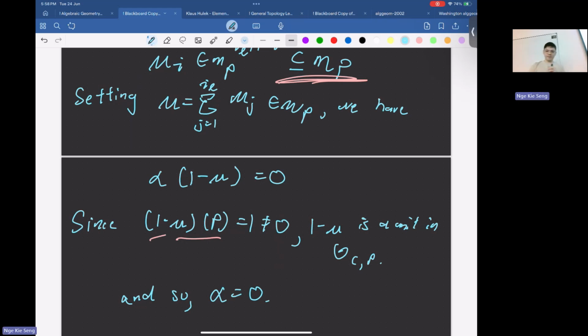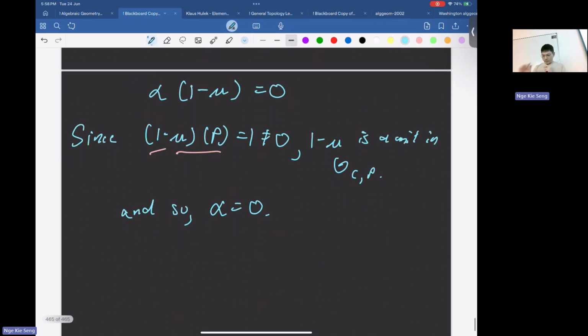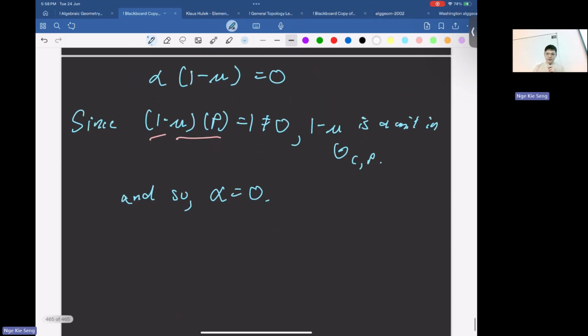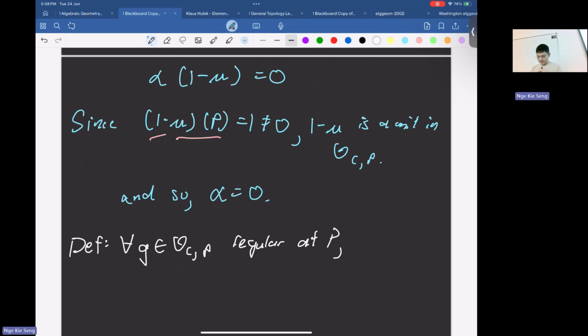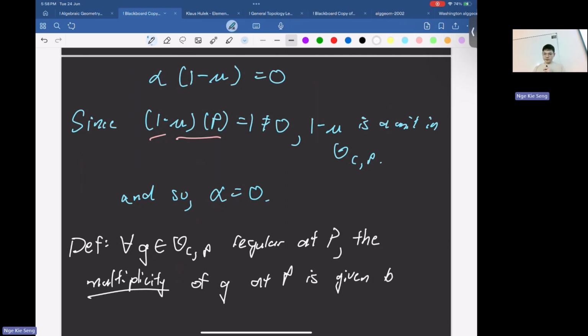Okay, before we go back, since we have already proved this very important result, I want to give you this definition. For every G in OCP, regular at P, meaning you can write down the fraction form, we define the multiplicity of G at P, which is given by the following.